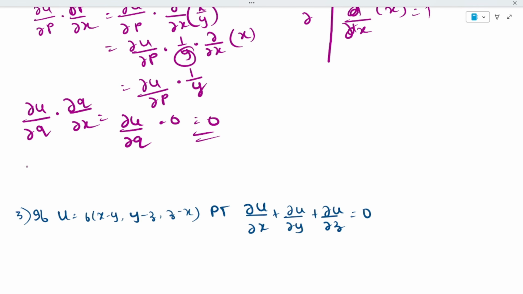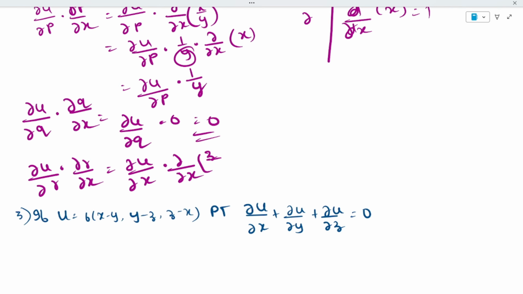Next you have to take the third term, del u divided by del r into del r divided by del x. That means del u divided by del r into del divided by del x of z divided by x, since r is z divided by x.